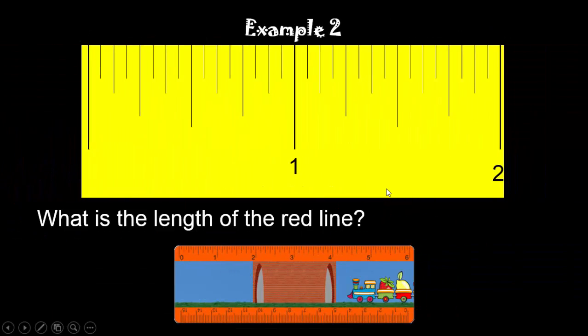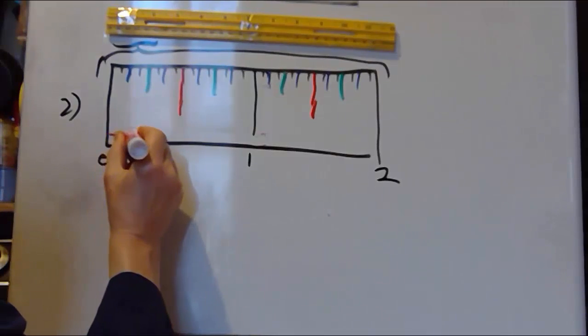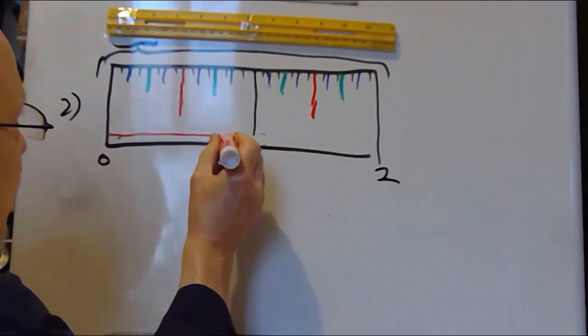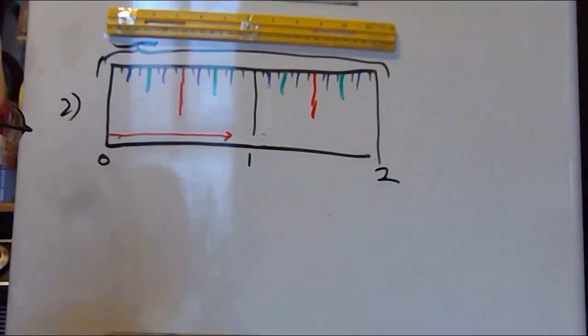In our next example, we want to see where the red line ends. So let us go over to the whiteboard and I'll show you how to do this one. Now we see, for example number 2, that the red line doesn't quite come all the way out to the 1.